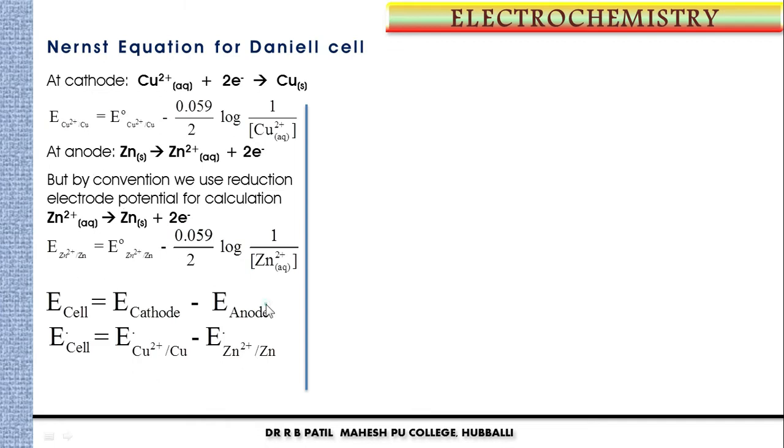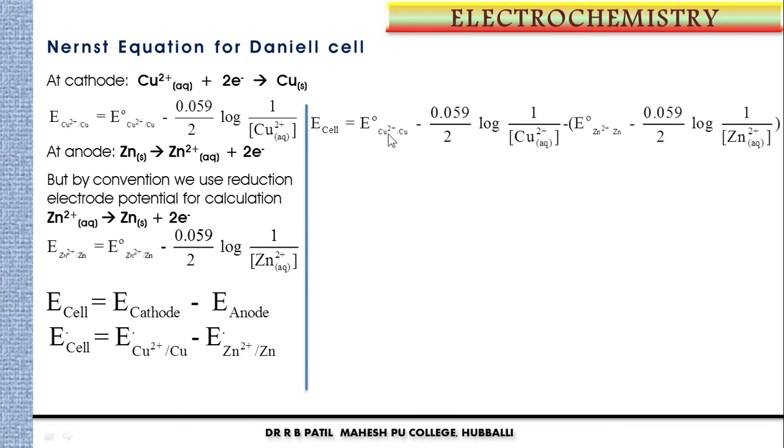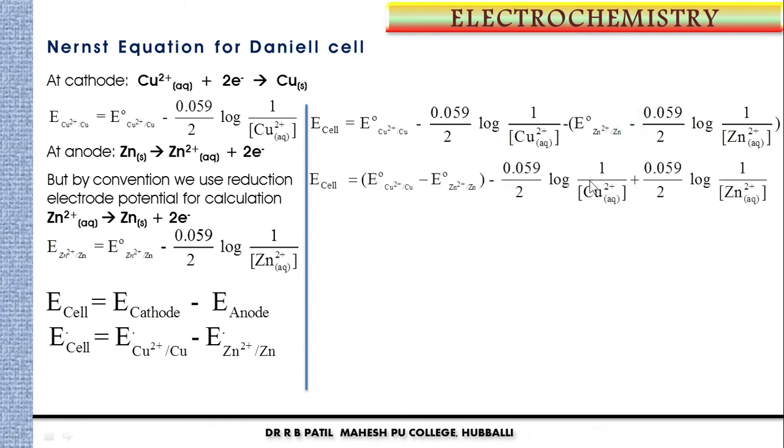So when I do this, what am I going to get? Electrode potential of copper I have written, minus electrode potential of zinc I have written as it is. Now when I solve this, minus into plus becomes minus, this part becomes minus, students. Minus into minus, this becomes plus. Okay, clearly we have written that.